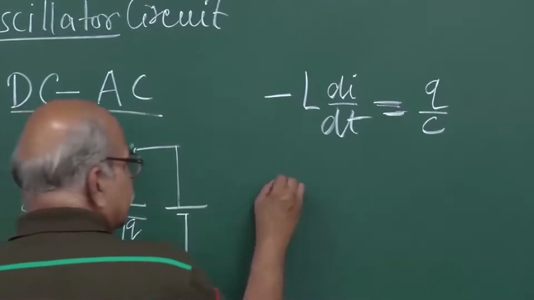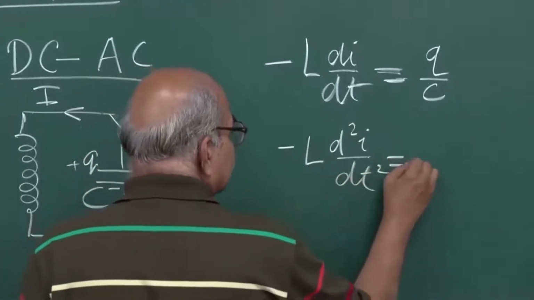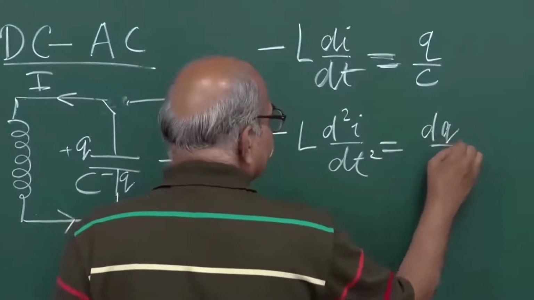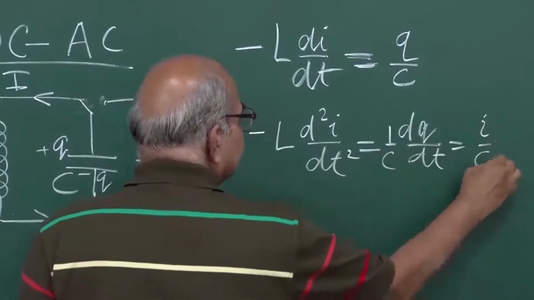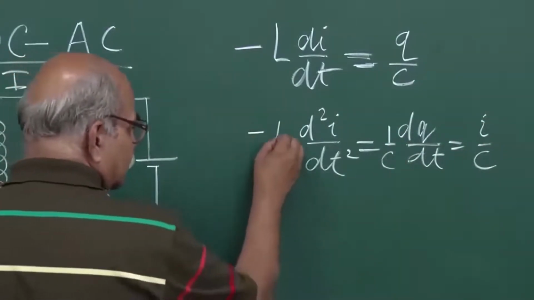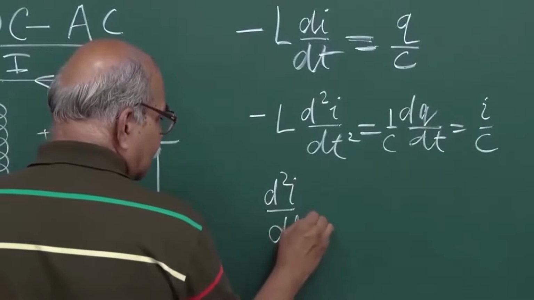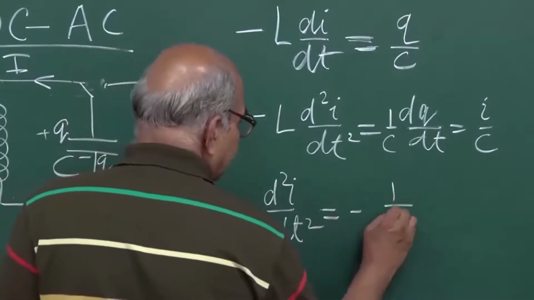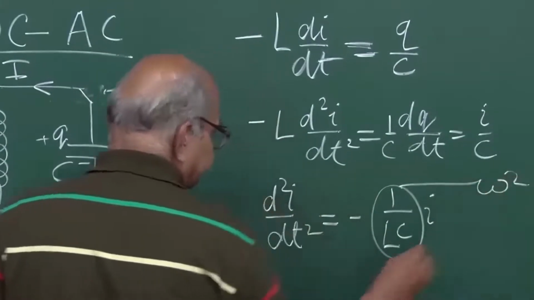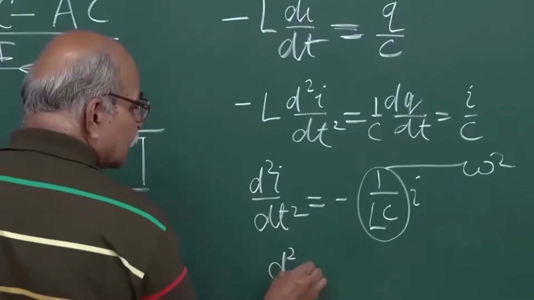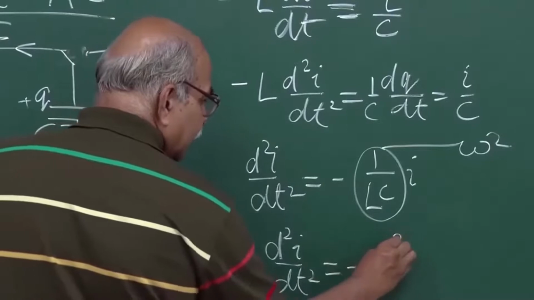If you differentiate, this is minus L d2i/dt2 equal to dq/dt times 1 by C, which is I by C. Taking L to the other side, you have d2i/dt2 equal to minus 1 over LC times I, and if you write 1 over LC as omega square, then d2i/dt2 is equal to minus omega square I.